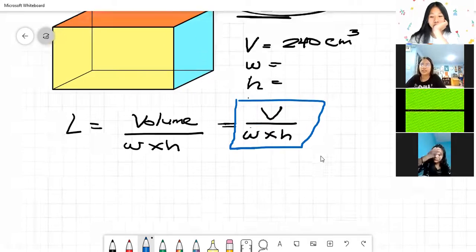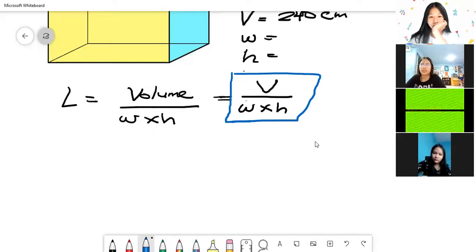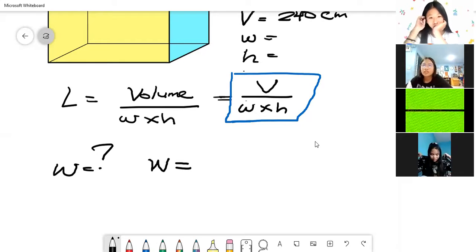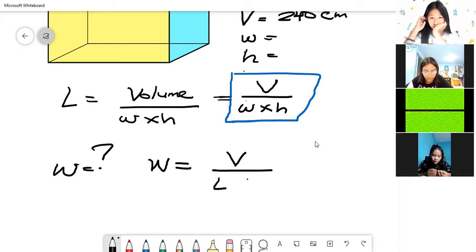Okay. Next, what if we will find the width? The width is the question mark here, and the volume is given. Width is equal to the volume of the cuboid over length times the height.